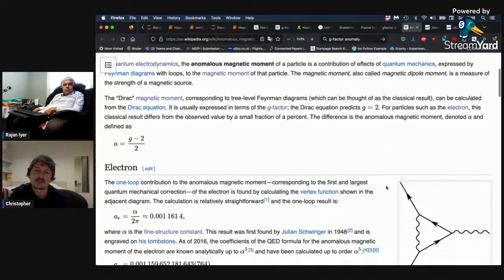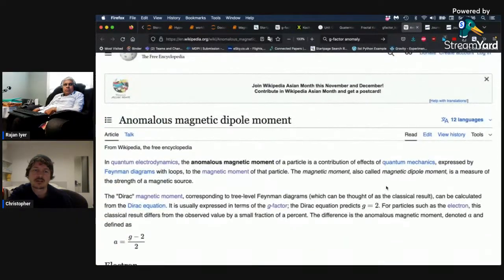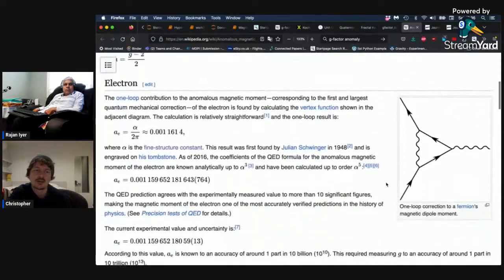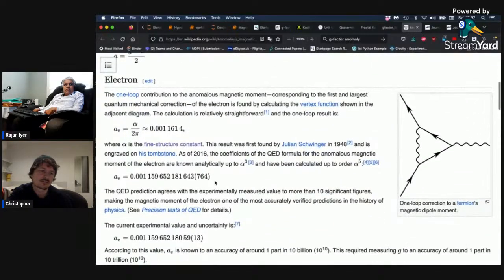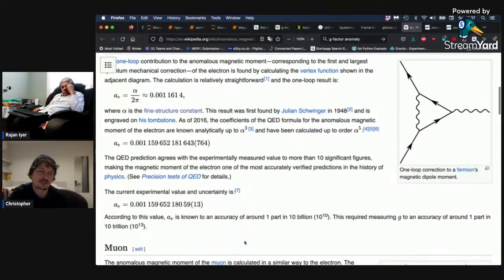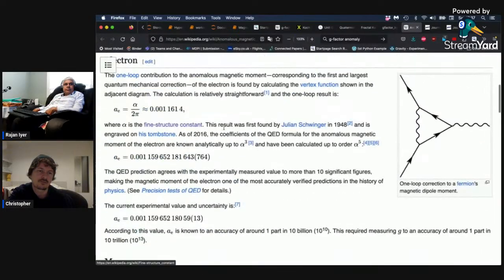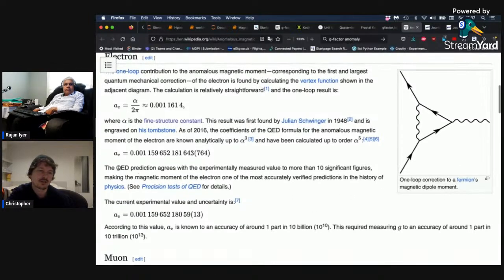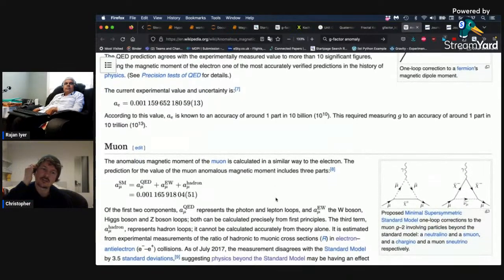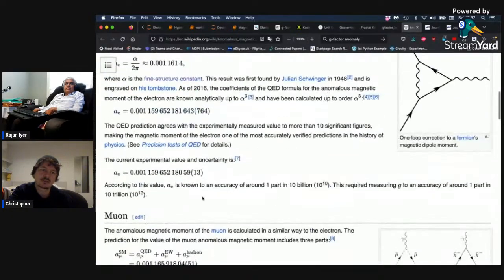Here we have more research on the anomalous magnetic dipole moment, and this gives different values. This is looking at it from a different perspective using the fine structure constant. You also notice that it's talking about this one loop correction because it's a QED thing. So you have to do all these different loops, don't you, and then add them up to get a more precise value.